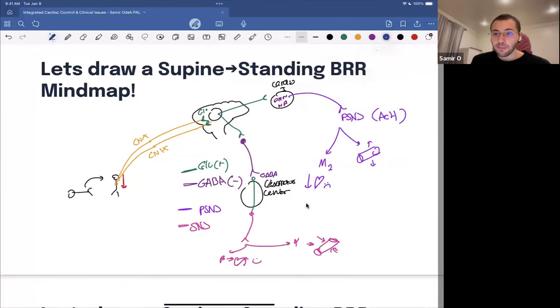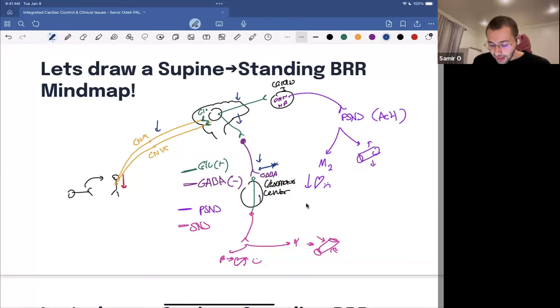So basically, why are we doing this? It's just looking at the signal. If you have a decrease in blood pressure here that is being sent, that means less glutamate is being released. That means less stimulation of your cardioinhibitory center. This also means less glutamate being released into that caudal ventrolateral medulla and less negative signal is being released. By having this less negative signal here, this means you have less inhibition of your vasomotor center.